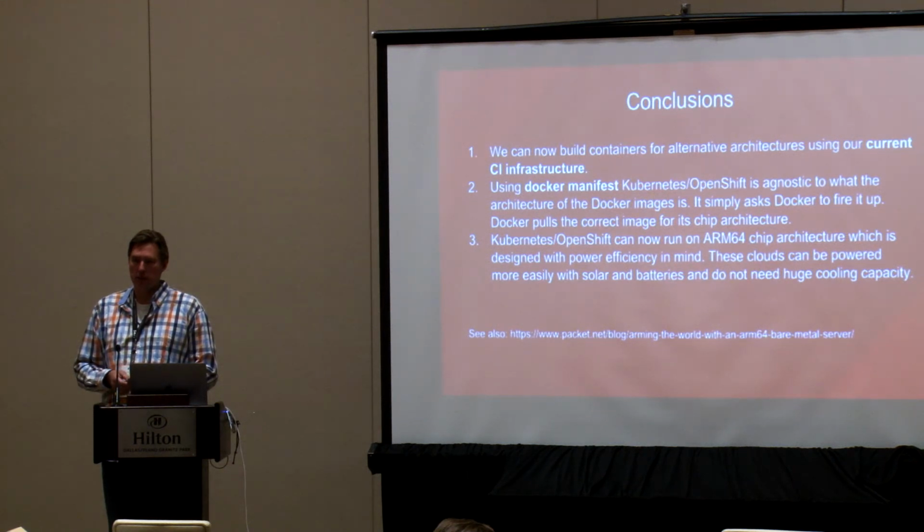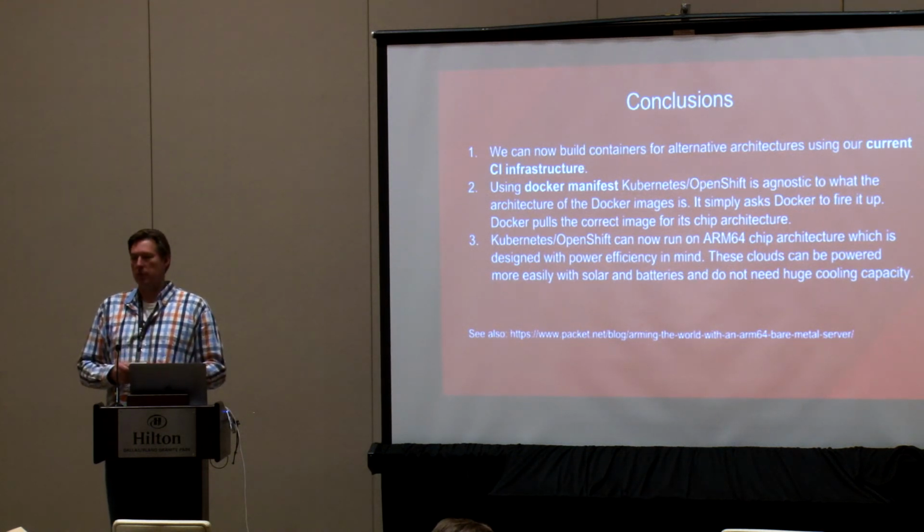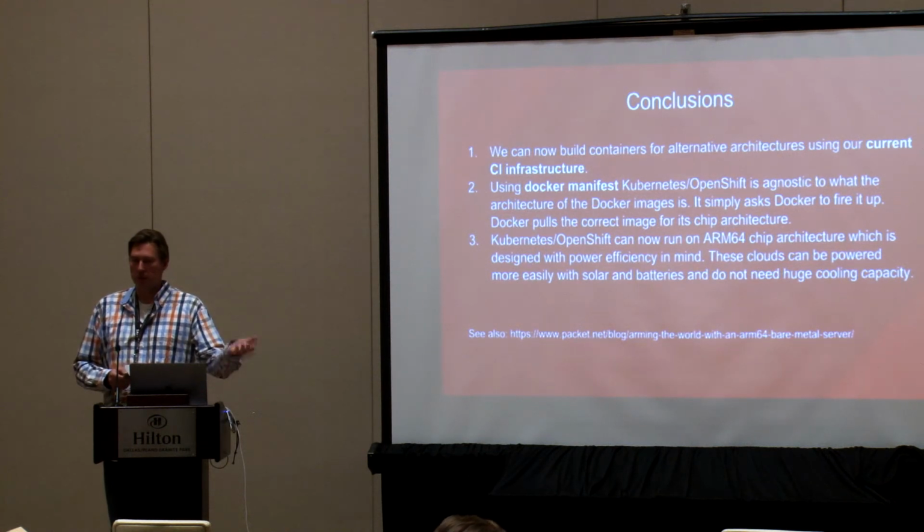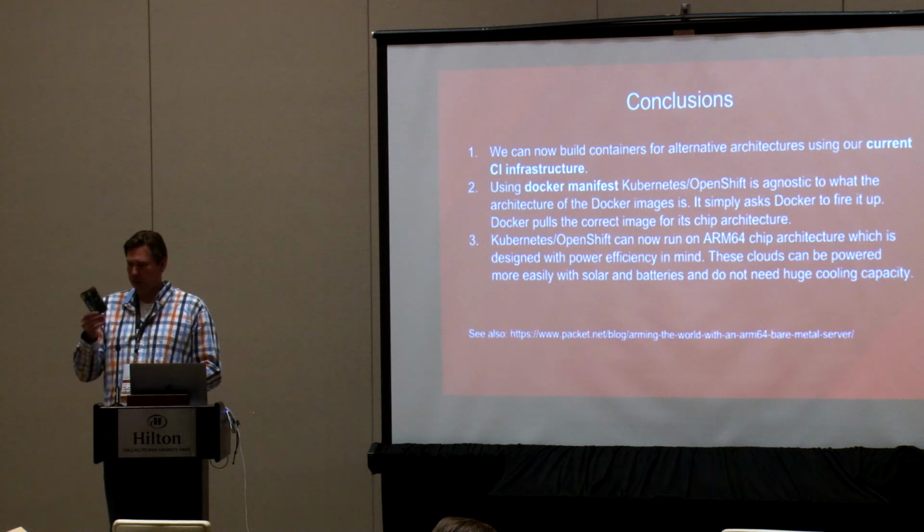I think you are the architects. You should see this coming, because it's up to you to make the decision for what chip architecture you're going to go for, and then you can influence people to say, maybe we should buy an ARM machine, and they don't have to be these boards.